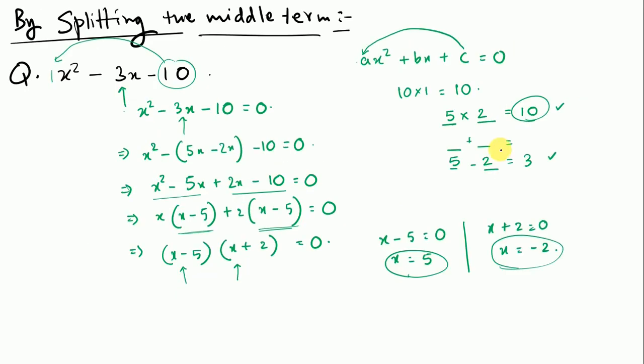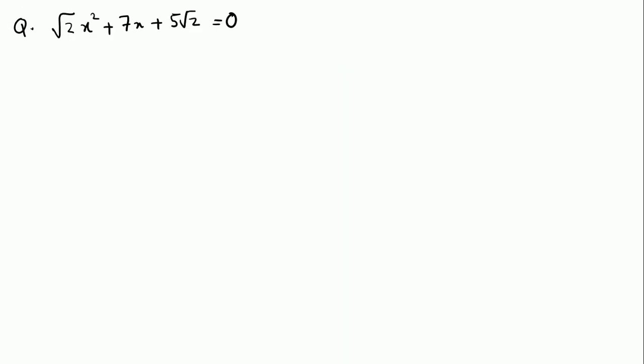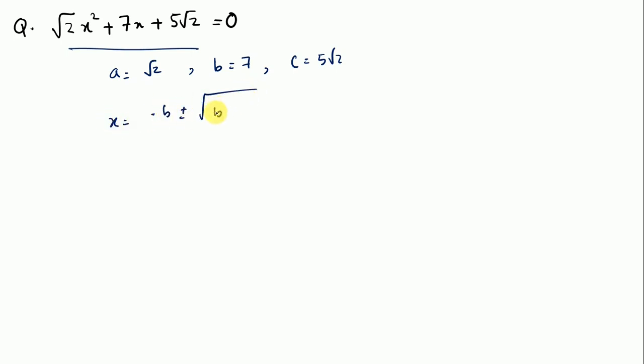See, we got the same values, that is x equals 5 and x equals minus 2. Now let's try another question, the same question which we did earlier, that is this one. Over here the value of a is root 2, the value of b is 7 and the value of c is 5 root 2. Our formula is x equals minus b plus minus root under b square minus 4ac by 2a.